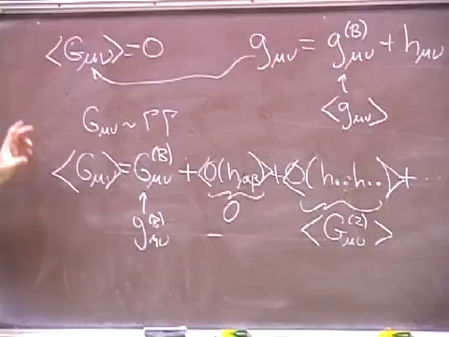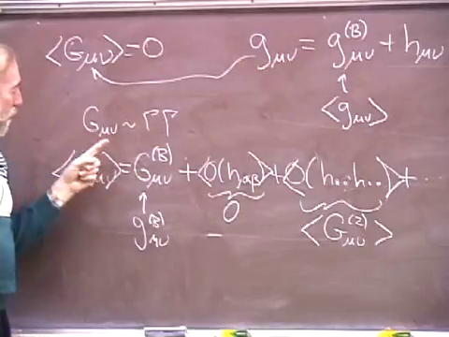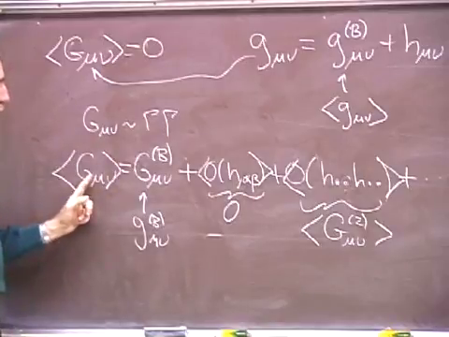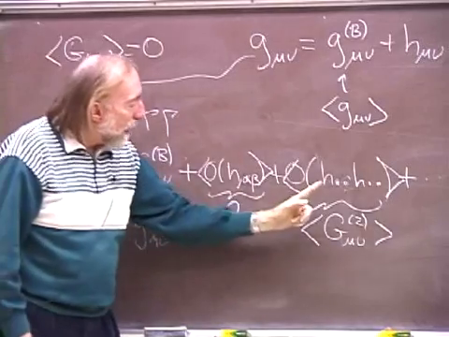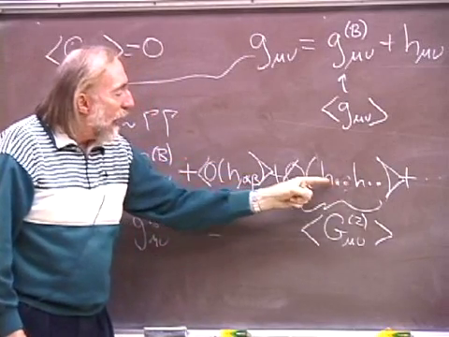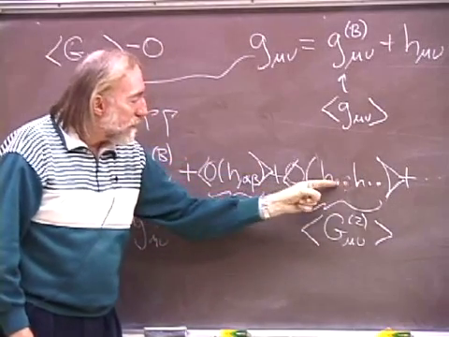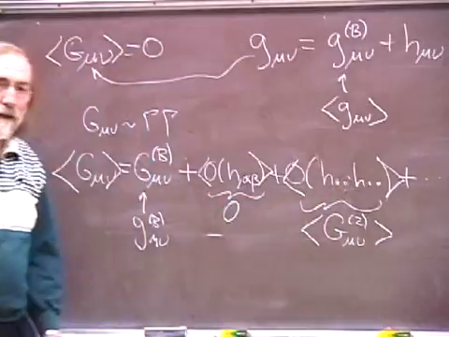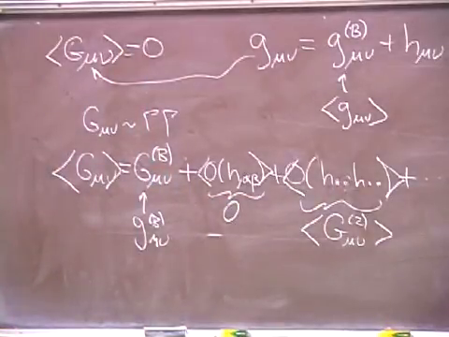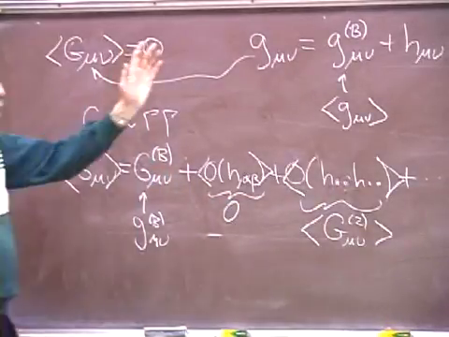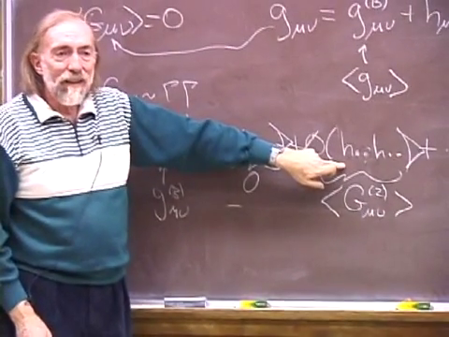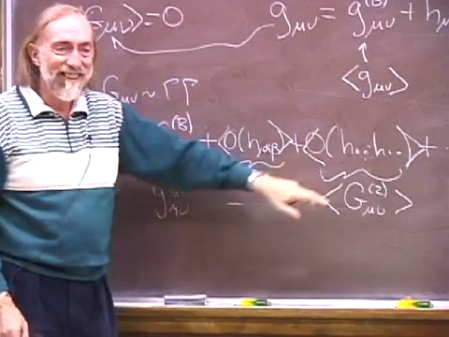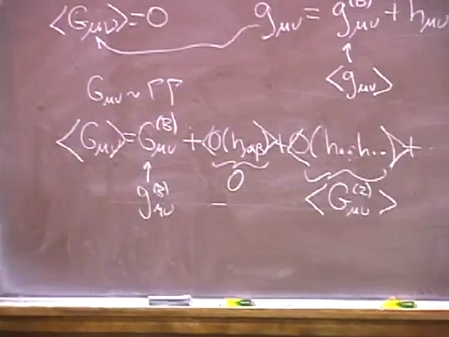So if you just go through all the algebra to compute the Einstein tensor, you'll wind up with this piece and that piece. And what defines this piece is it's the piece that is quadratic in H. And we throw away anything at higher order. Remember, H is like 10 to the minus 21, so the next cubic term is a lot smaller than the quadratic term.